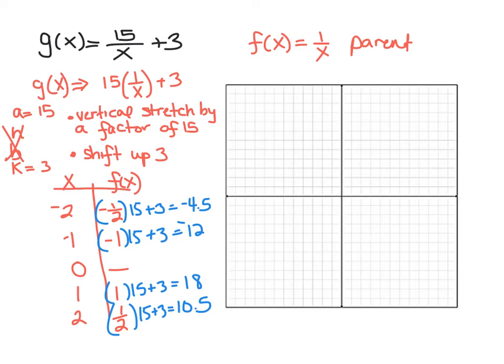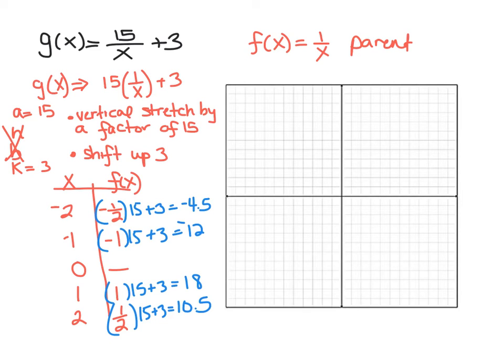And one of the things I think about is, remember, just real fast, the parent function is like this. It goes like this, and it's a hyperbola, 1, 1, like this, and I have a vertical asymptote at x equals 0. I also have a horizontal asymptote at y equals 0. So this horizontal asymptote is going to shift up 3 units with your function.